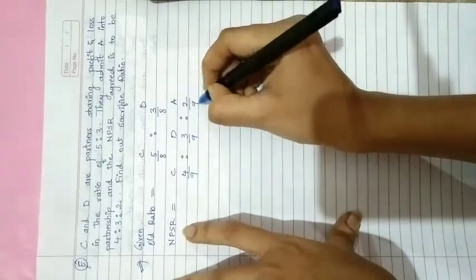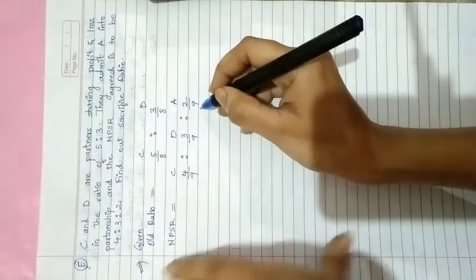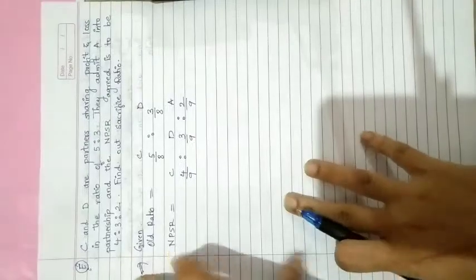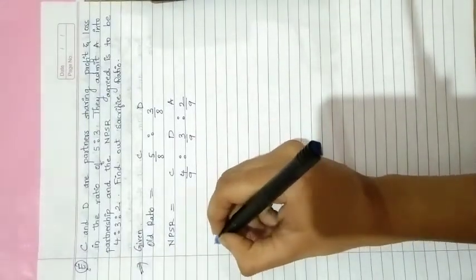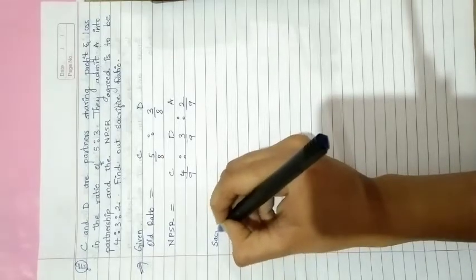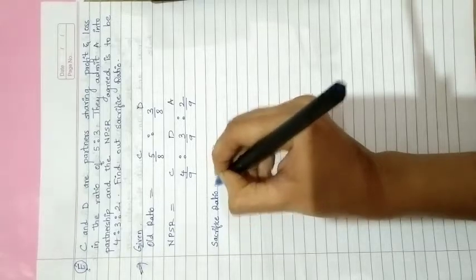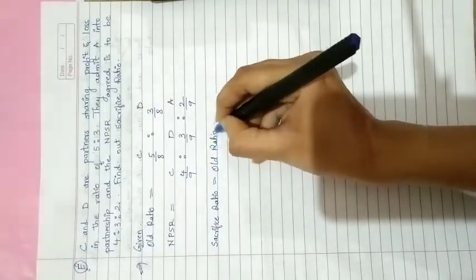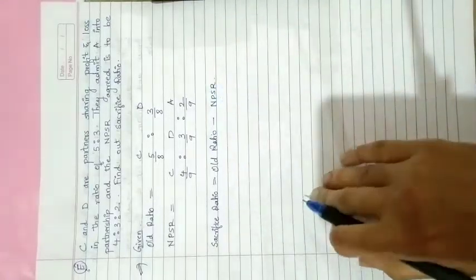So this we can write as 4/9, 3/9 and 2/9. So when we have the old ratio and the new profit sharing ratio, we can apply the formula, that is sacrifice ratio is equal to old ratio minus new profit sharing ratio.